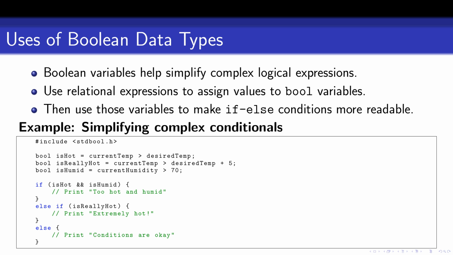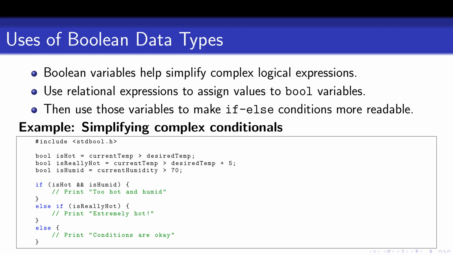Boolean variables become even more useful when they're used to simplify complex conditions. Instead of packing everything into one long if statement, you can assign the results of logical or relational expressions to individual Boolean variables. For example, a program might determine whether the weather is hot, really hot, or humid, then combine those conditions to decide what message to show the user.